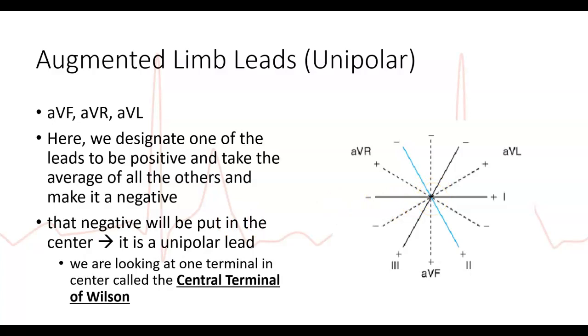We are looking at one terminal in the center, and this is called the central terminal of Wilson. We use this terminal as a reference point and compare everything else to it. So we place these augmented leads 30 degrees in between 1, 2, and 3. If we had lead 1, lead 2, lead 3, we're going to put these augmented leads 30 degrees in between those.